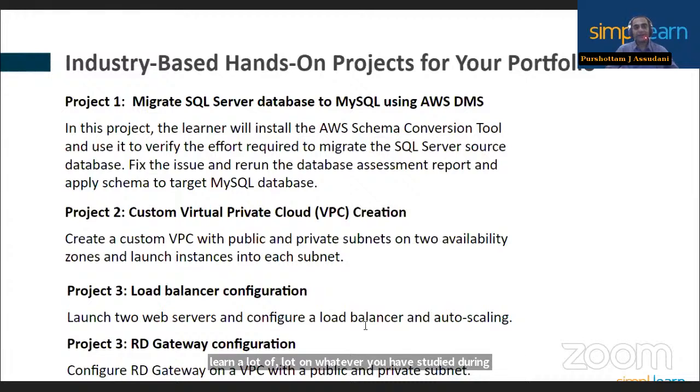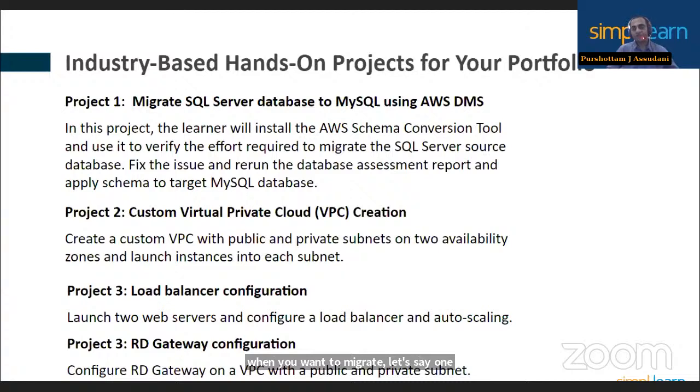Like if I talk about the first project, migrate SQL Server database to MySQL using AWS Database Migration Service. As I told you, you can do the migration of a database from on-premises to AWS, or from a third-party cloud, let's say Azure, to AWS using the AWS DMS service. That database can have homogeneous or heterogeneous migration. Homogeneous is when you migrate, let's say, MySQL to MySQL.